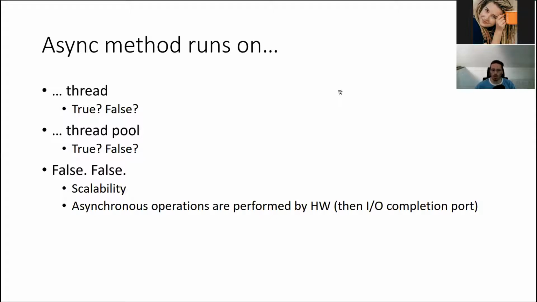That means you can do more with fewer resources, and you can scale more and all that stuff. So there's no thread being blocked. I know this sounds kind of weird, that you are running something and it's not consuming any resources, but trust me, it's like this. It's a little bit more difficult to explain in 60 minutes. But we will see, at least in the code, that there is no extra resource being consumed.